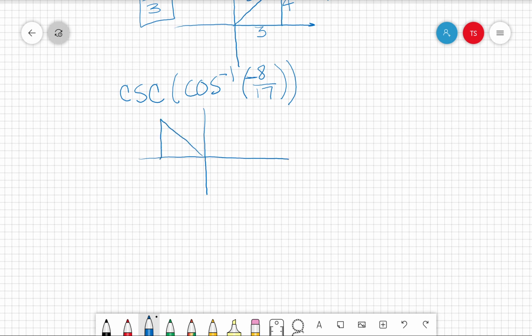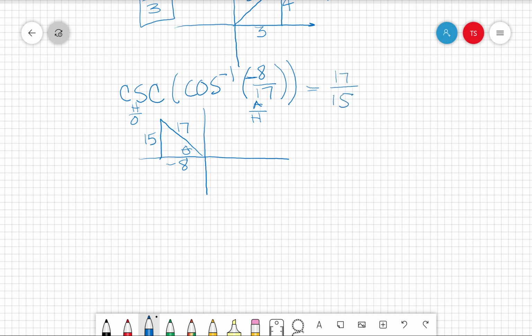And so I know my adjacent over my hypotenuse is 8 over 17. It's going to be negative 8. The hypotenuse would always be positive. And then we have to find the third side. The third side here would be 15. The cosecant is the hypotenuse over the opposite side. So this is my theta here. And so the hypotenuse over the opposite side is going to be 17 over 15.